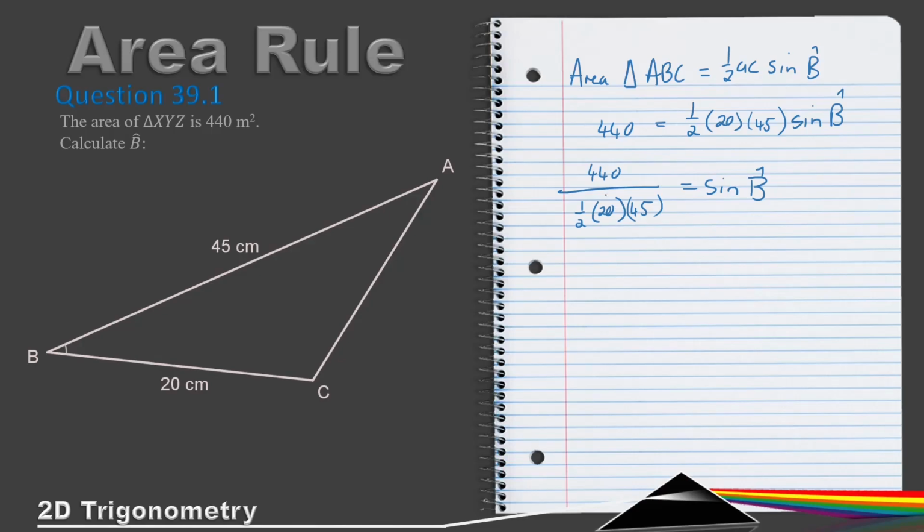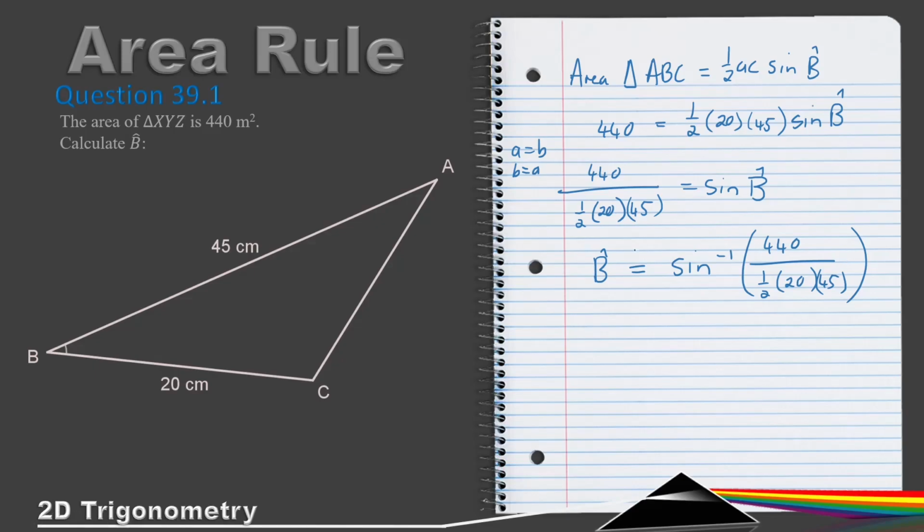Now we can write this the other way around, so B on this side is equal to the inverse sine of 440 over half times 20 times 45. The fact that I've just swapped them around is not going to change the values. Like if you have A equals B, it's the same as B equals A. So basically everything that was on this side, I wrote on that side, and everything on that side, I wrote on this side.